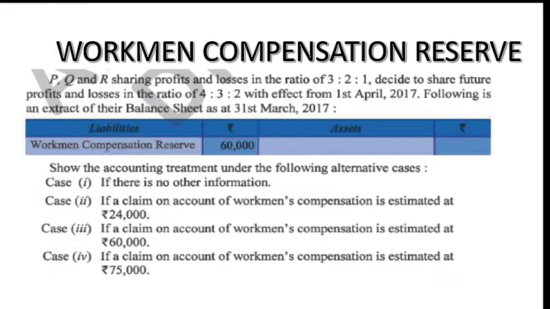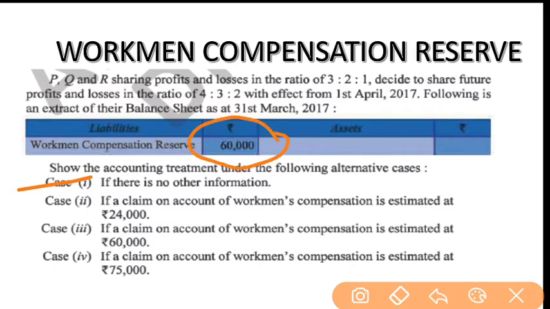So the first case is if there is no other information. If there is no other information, it means no claim is there. So the whole workers compensation reserve will be distributed among old partners in their old profit sharing ratio. It will be distributed between P, Q and R in their profit sharing ratio.